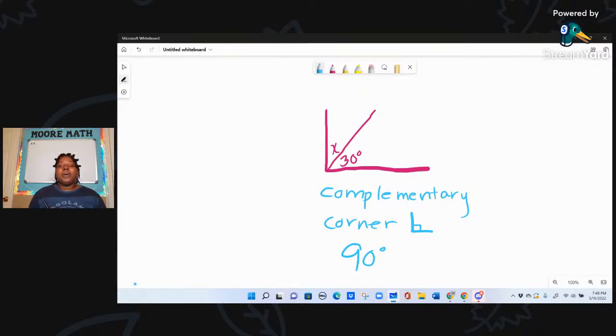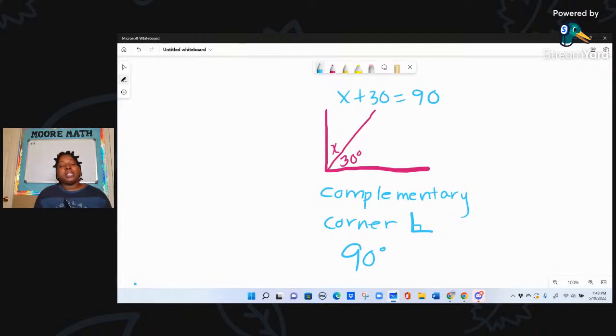All right. So, Mackie, sorry. Here we go. X plus 30 equals 90. When I combine these 2, it should equal 90 degrees, right? It makes that corner, that right angle. It's okay, Barbs. And so I need to figure out what X is.